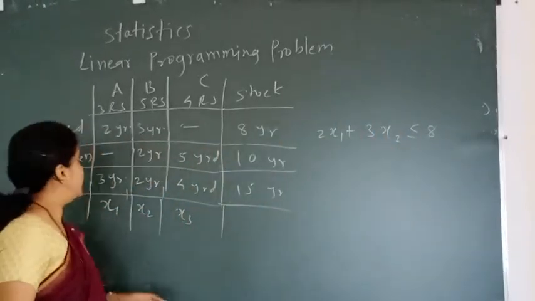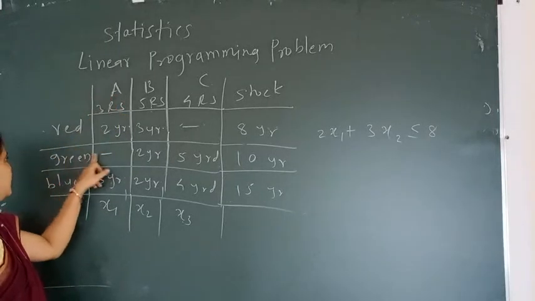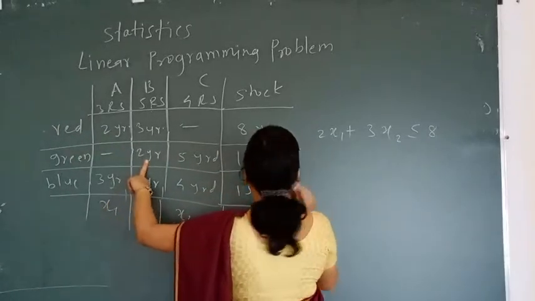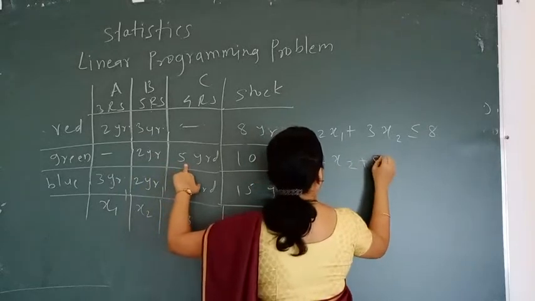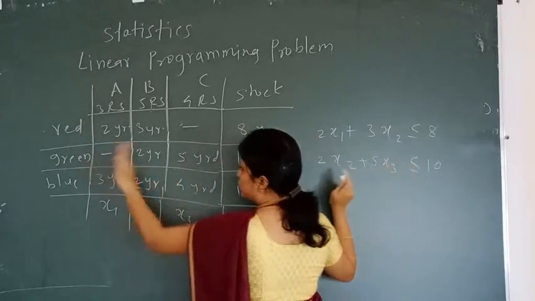Okay. Now the next: since A cloth doesn't need green wool, the condition is only of x2 and x3, that is, x1 is absent in the second equation. So I have 2x2 plus 5x3, this is less than or equal to 10. This is related to green wool.